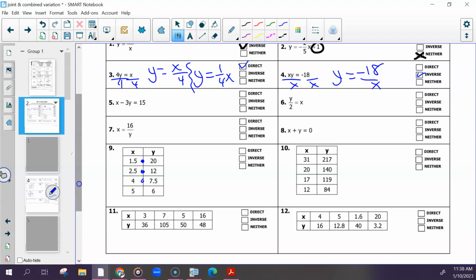If we start multiplying 20 and 1.5, what will we get? 30. 12 and 2.5. Also 30. 4 and 7.5. And then also 30. Don't assume that these are all going to be the same number because one could not be the same and then it throws off the whole thing. So make sure you check it for every single thing. Since these are all 30, I can say that I multiply to get them, and that would be inverse.